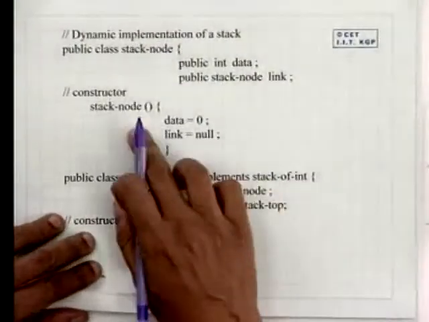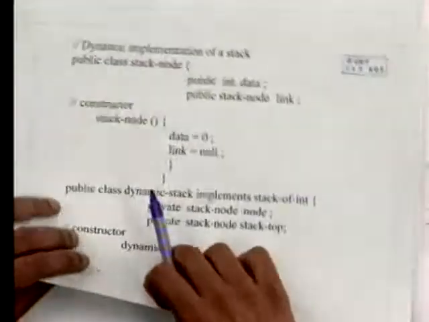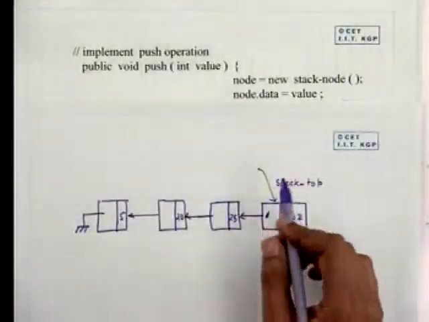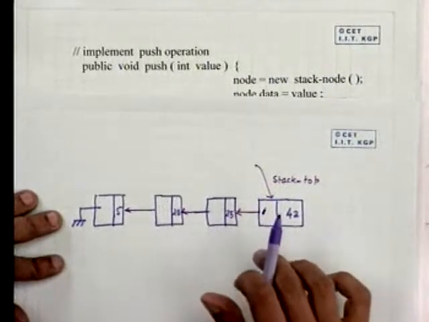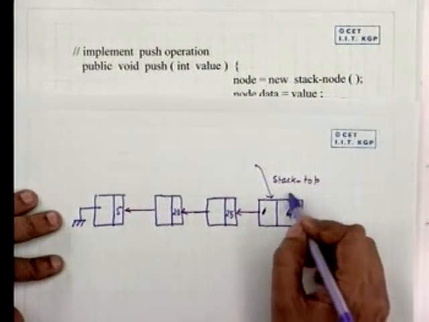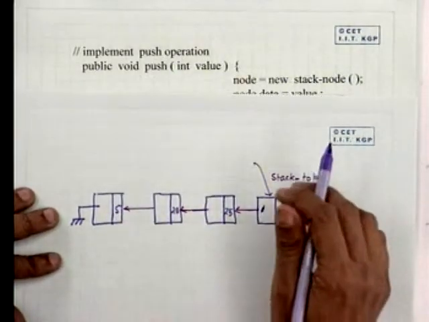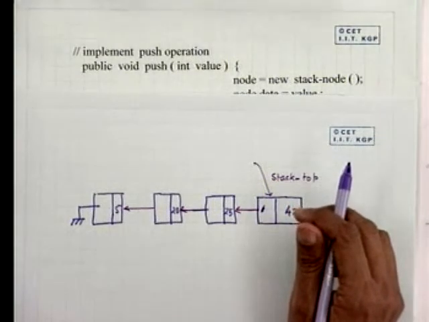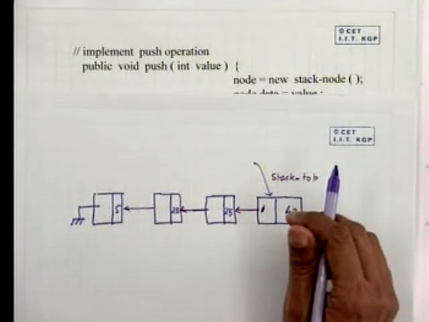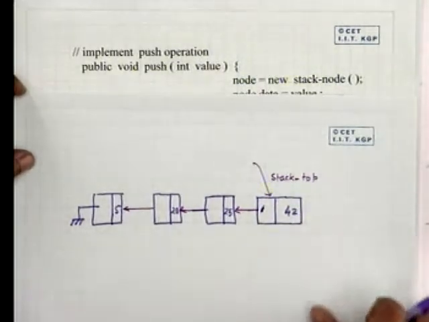These are the two fields of a stack node, data and the link to another element of type stack node. Suppose we have at the moment 4 elements in the stack, in which the topmost element is this one. It links to the successive elements, and top is referring to the topmost element.